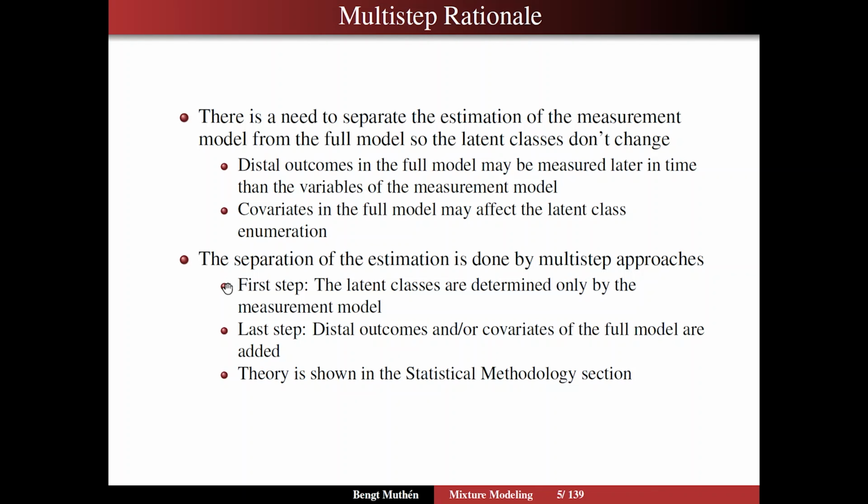So the first step again is the latent classes being determined only by the measurement model, and the last step adding the distal outcomes and/or covariates of the full model. And how we do that exactly statistically is shown in the statistical methodology section, and what I will try to do is to show it to you in a more intuitive fashion with as few technicalities as possible.